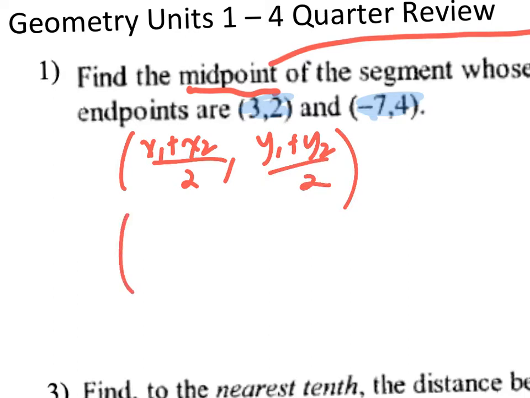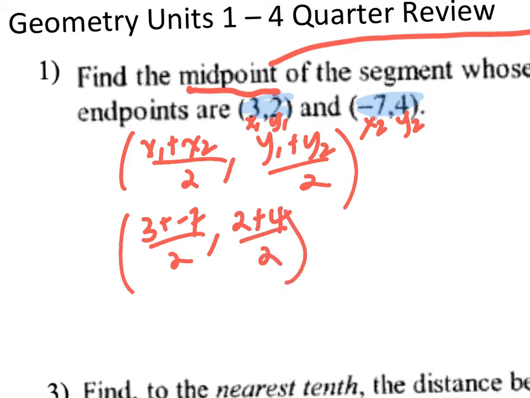I'm going to say that 3 is my x1, 2 is my y1, -7 is my x2 because it's my second x coordinate, 4 is my y2 because it's my second y coordinate. So let's substitute these in. So I have 3 plus -7 divided by 2. And then I have 2 plus 4 divided by 2.